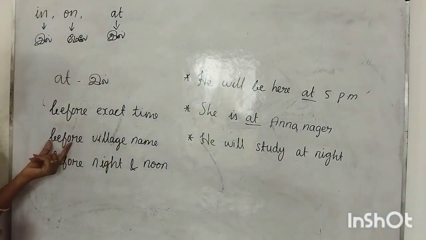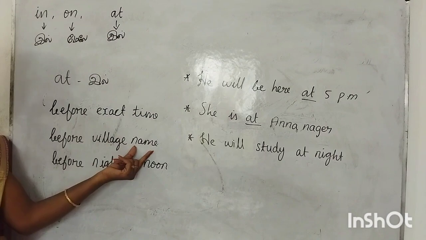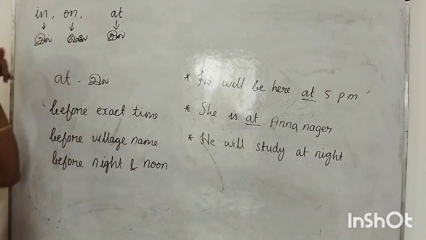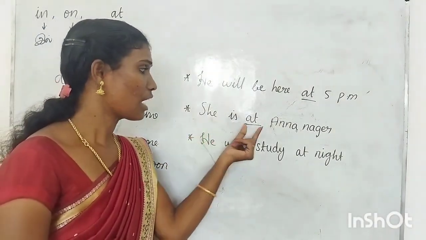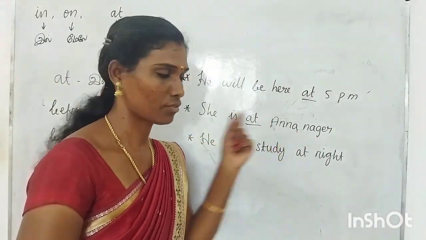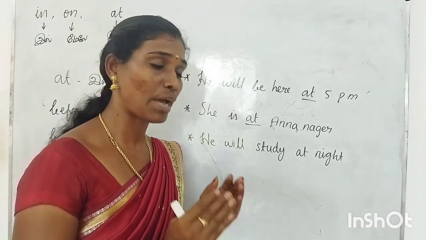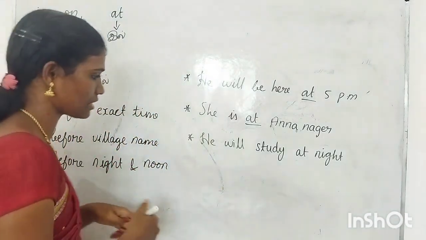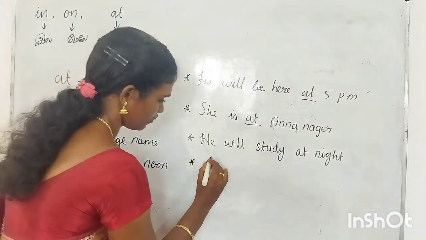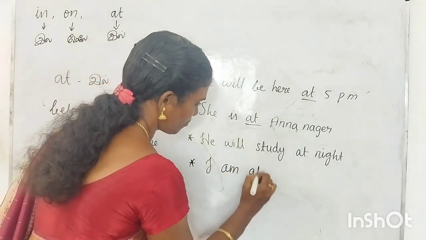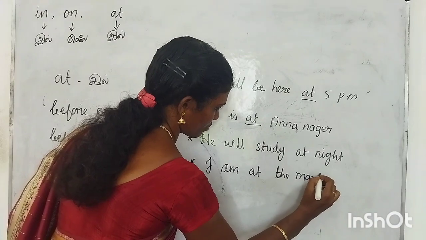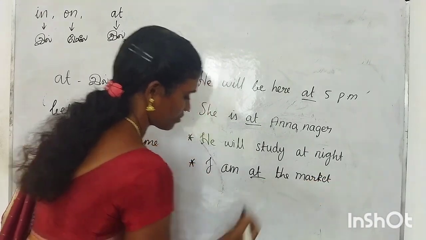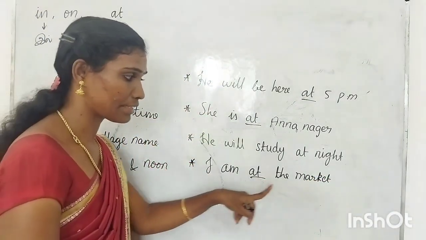Secondly, before a village name. City name takes in and village name takes at. She is at Annanagar. It's not only village names but also surrounding areas. Examples: I am at the market.